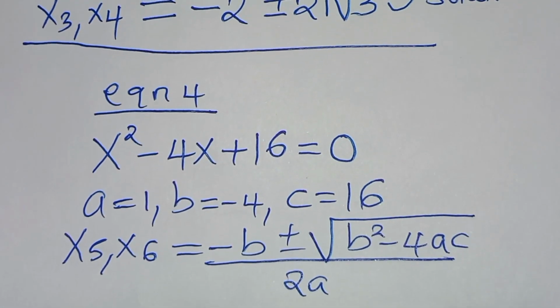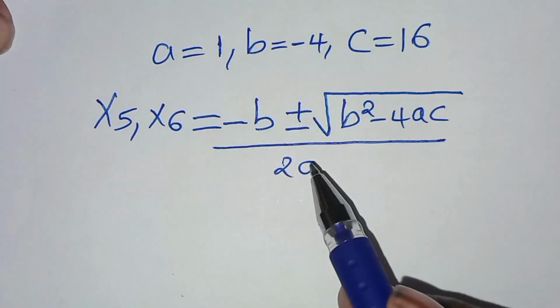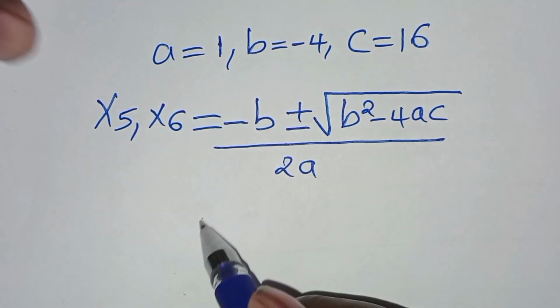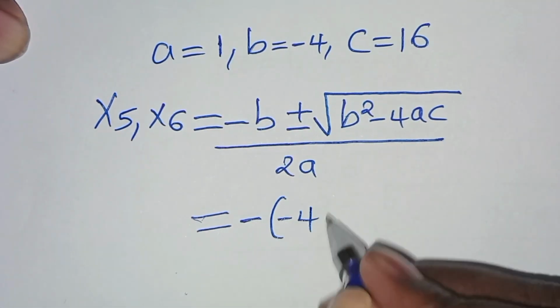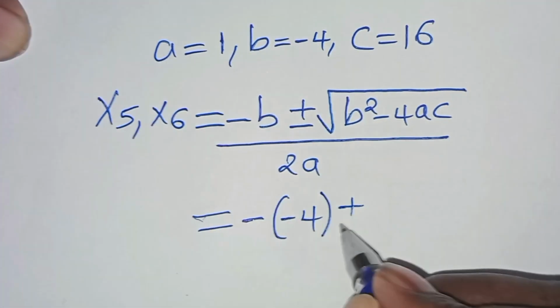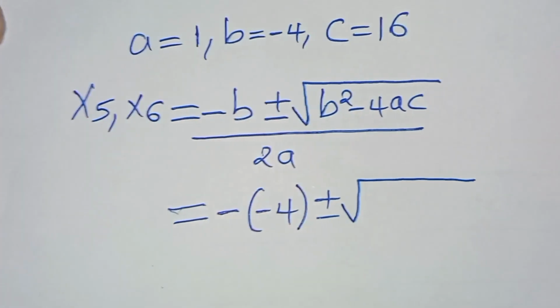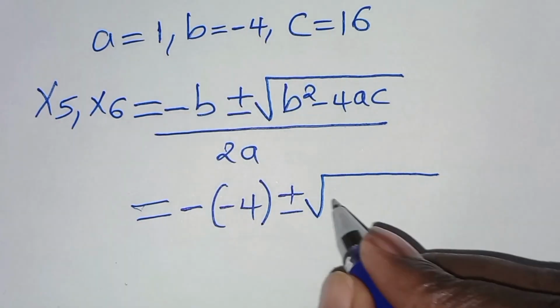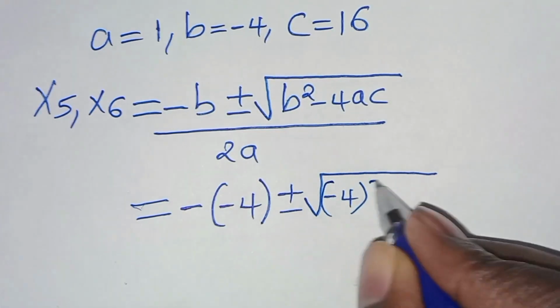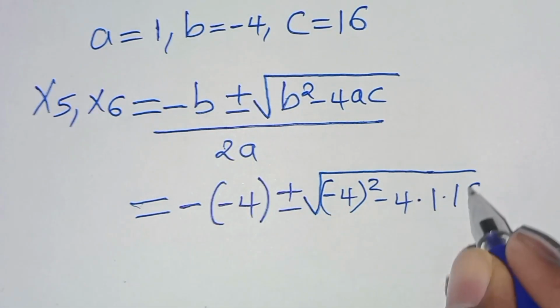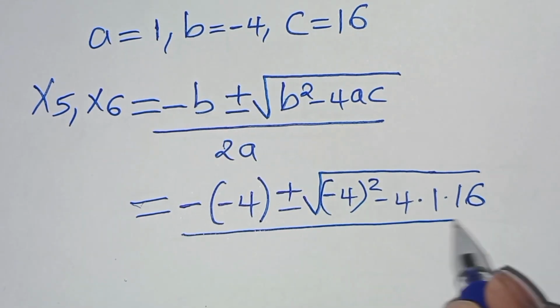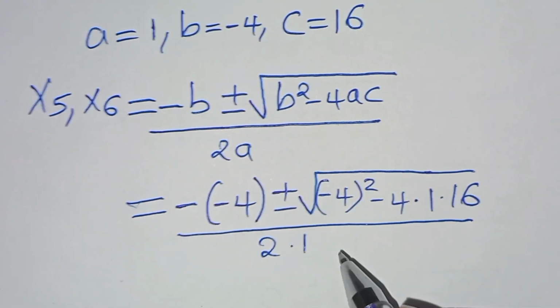So let's substitute the values of a, b, and c. Now here we have minus negative 4, that is 4, plus or minus the square root of negative 4 squared, subtract 4 times 1, then times c, which is 16, all this divided by 2 times 1.